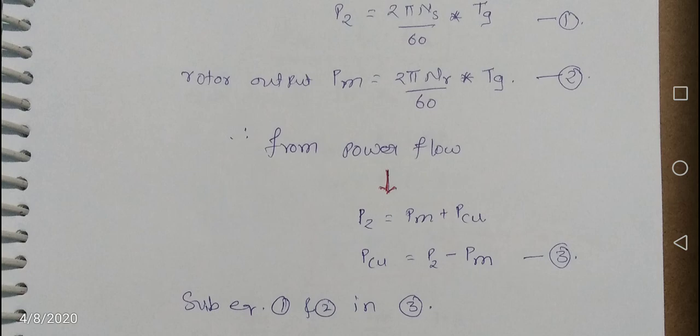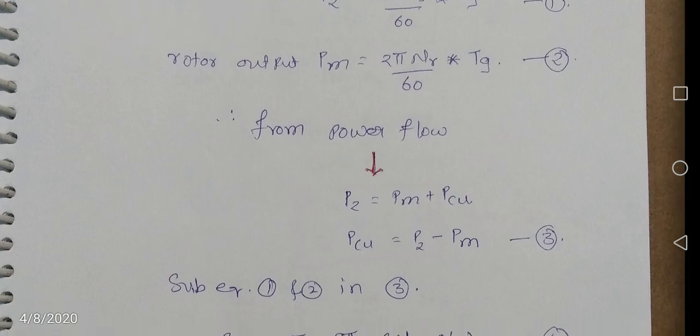So the rotor copper losses PCU equal rotor input power minus rotor output power. Generally, losses equal input minus output.